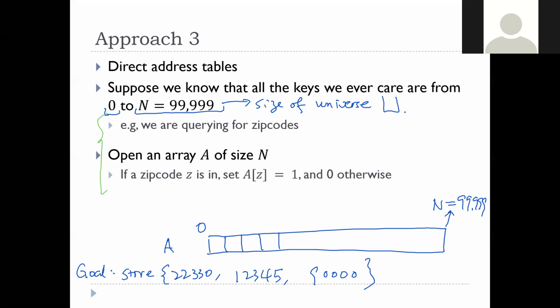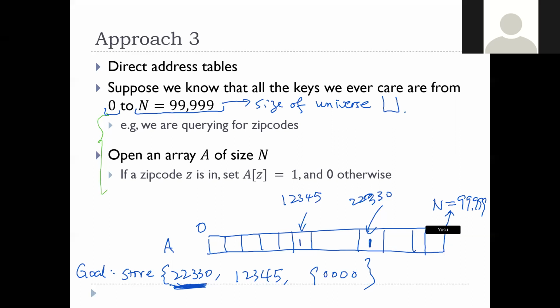What do you do? You simply go to the entry, using the number you want to store as the index. If this one is in my input, then I put 1 here. This is index 1, 2, 3, 4, 5, and you put 1 there.